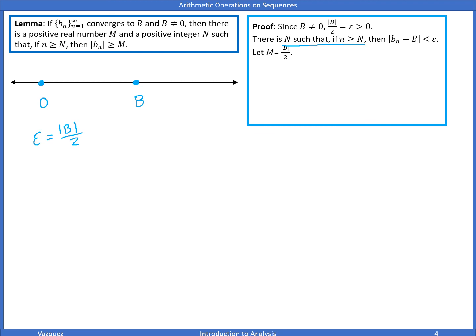We're going to let m equal the same thing as epsilon, right? So we're going to use some inequalities here, or equalities as well. This here, the sequence b_n, we're adding 0. And it's greater than b minus the absolute value of b_n minus b, right?